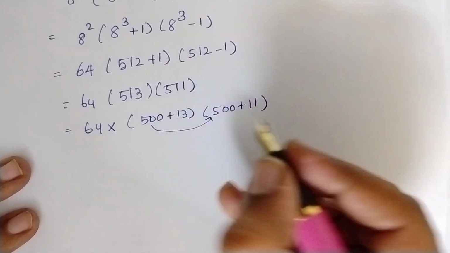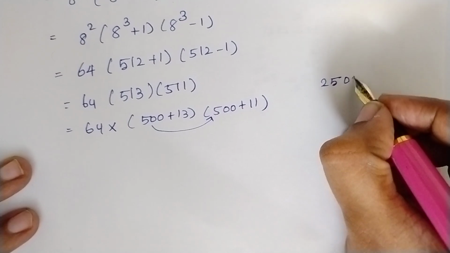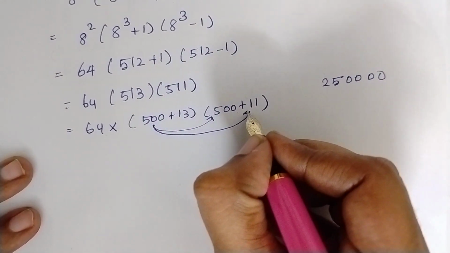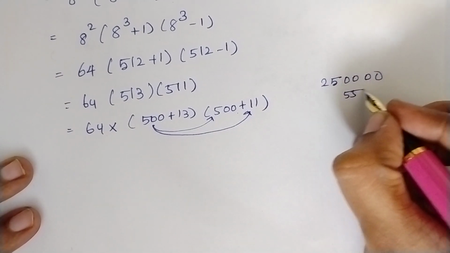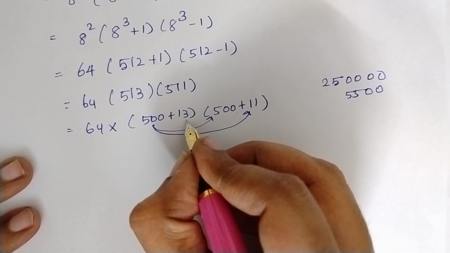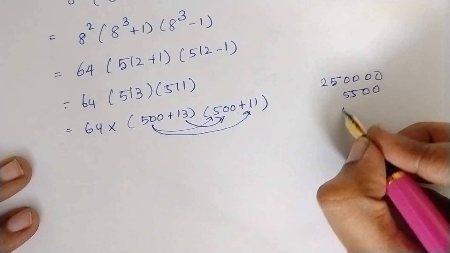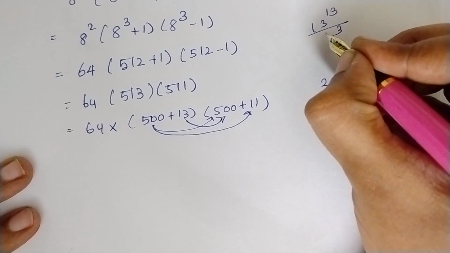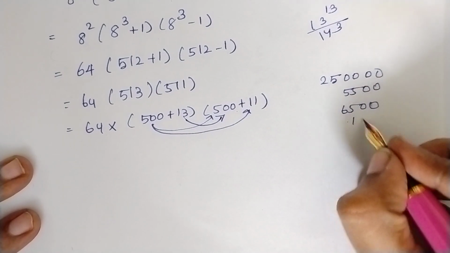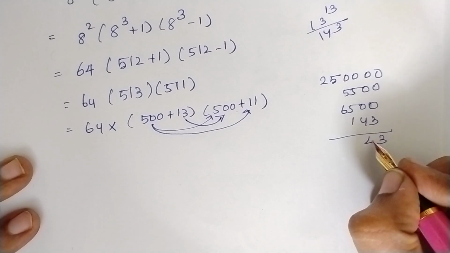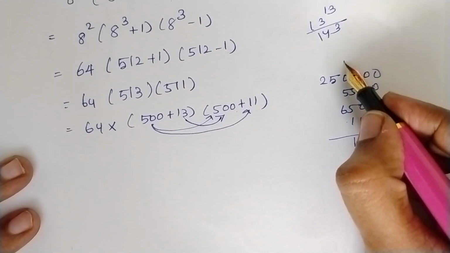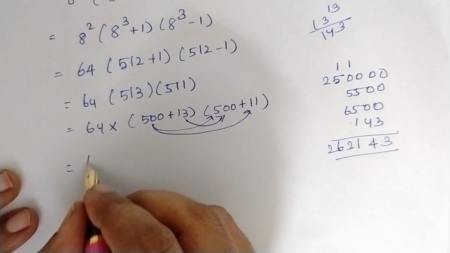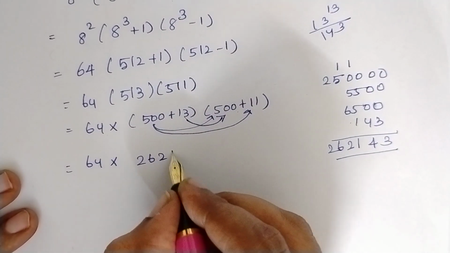So 500 into 500 becomes 250000. 500 into 11, 5,500, we know. Similarly, 13 into 500, 6,500. So 13 into 11 becomes 143. So just add everything. Now which is equal to 64 multiplied by 262143.